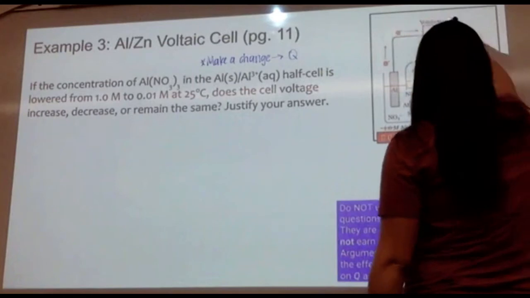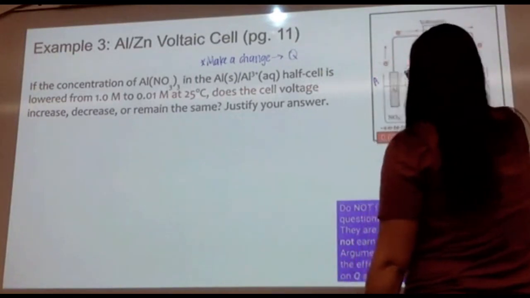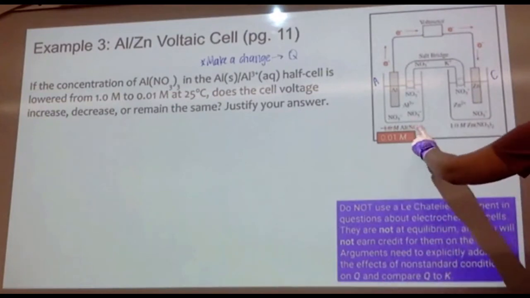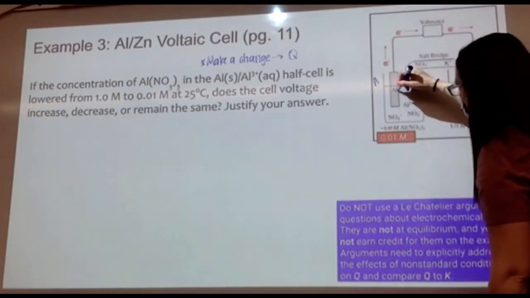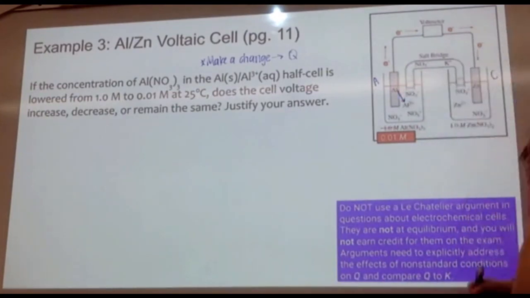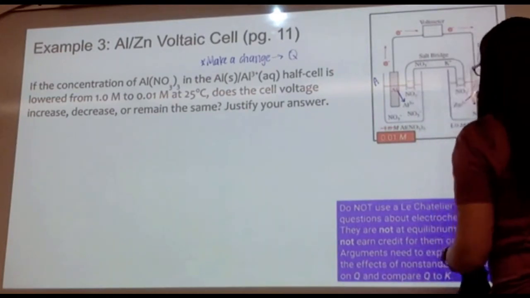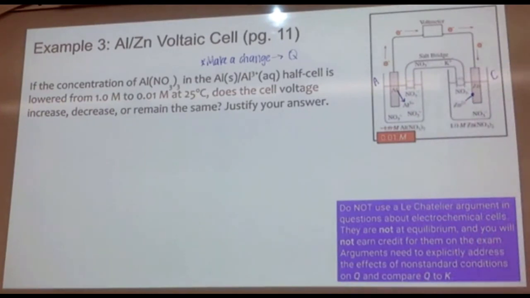Well, again, we have the electron flow. This is the anode, this is the cathode. So we have oxidation occurring here, which means Al is turning into Al3+. Reduction on the other side is when Zn2+ converts to zinc.